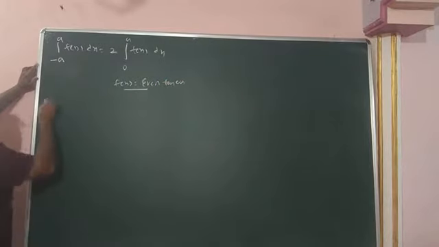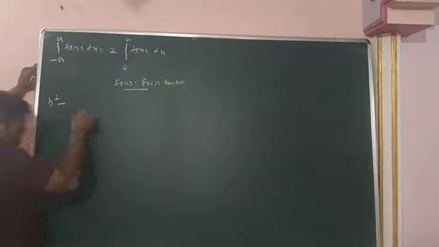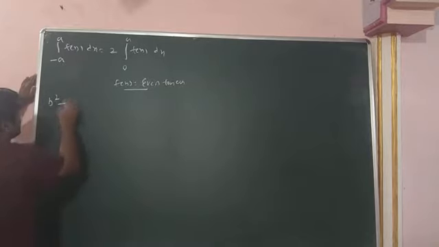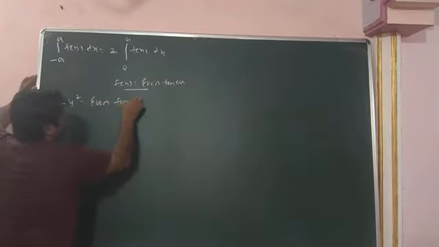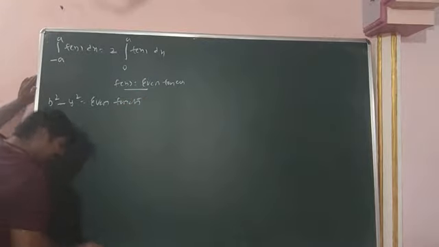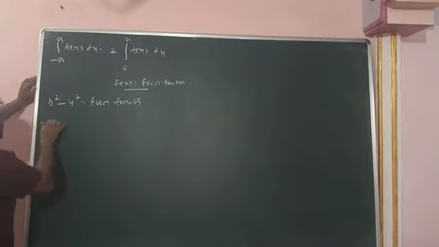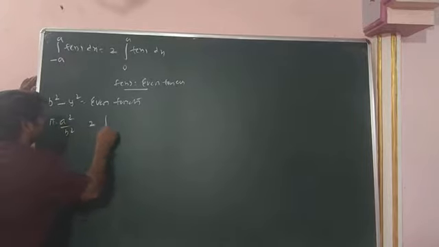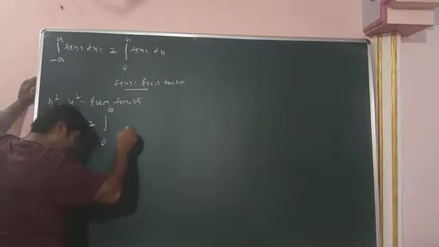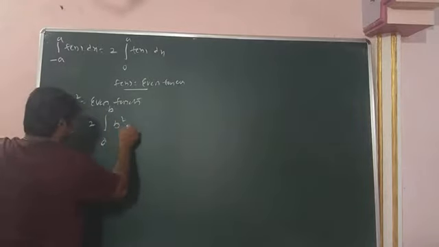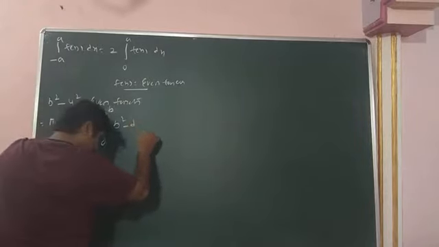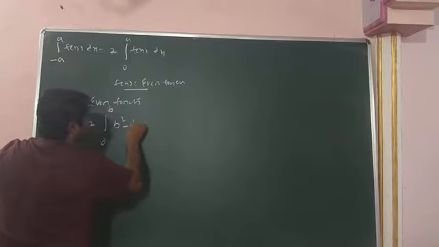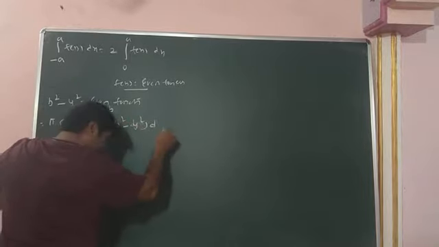So we know that b square minus y square is also an even function. It can be written as pi into a square by b square into 2 into the integral from 0 to b of b square minus y square into dy.